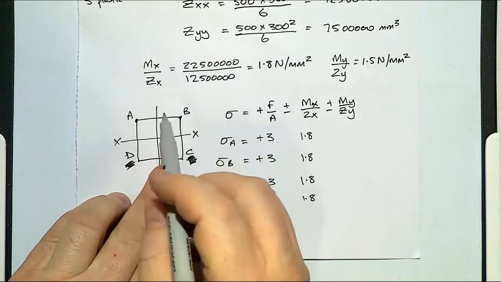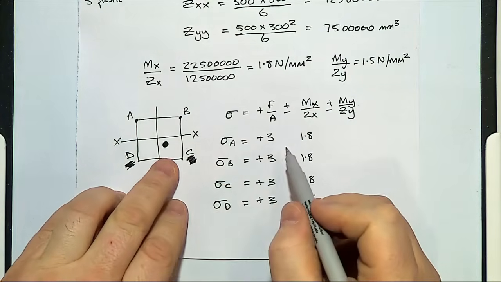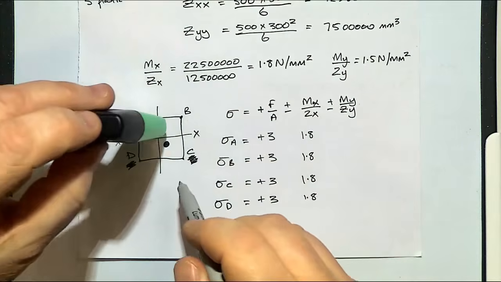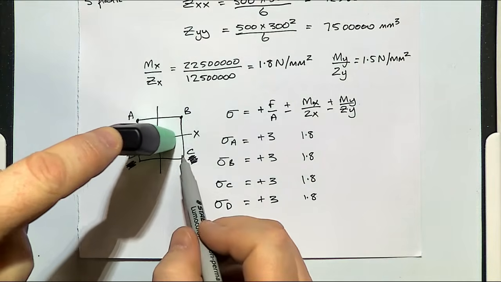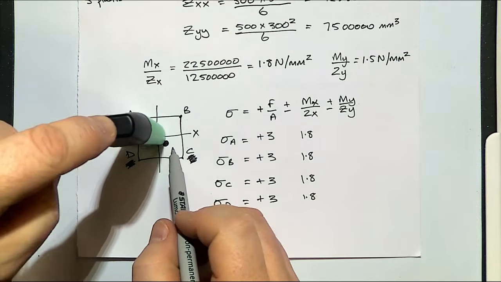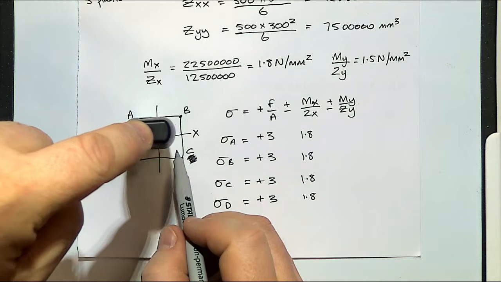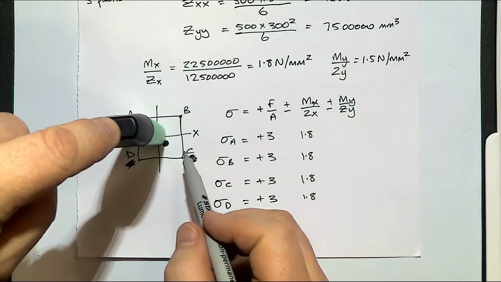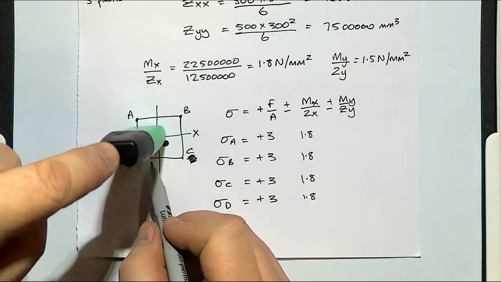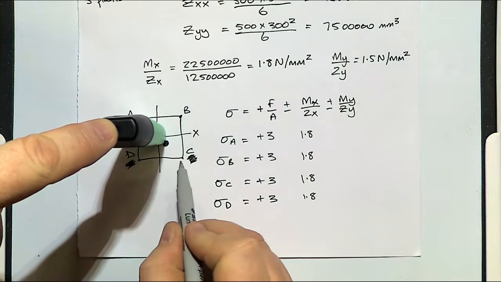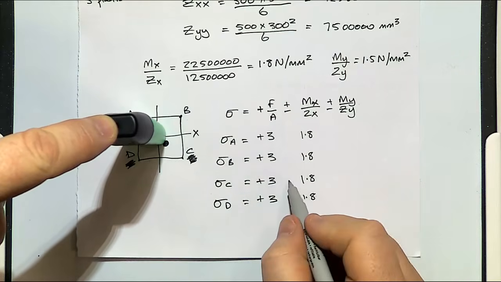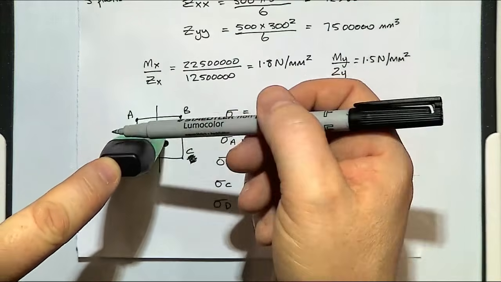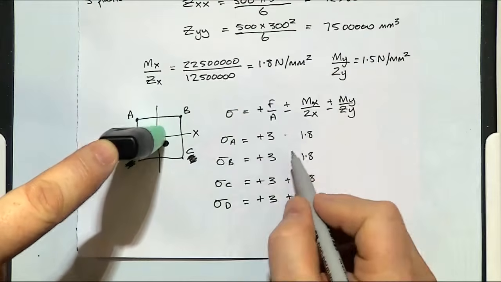If we're saying that compression is positive, you can imagine that as it's pushing down on this side, it will lean towards, in terms of the XX direction, looking across this way, it will put C and D under compression. So our C and D are positive. Our A and B, it will create a tension along this side. That's why I've got minus.